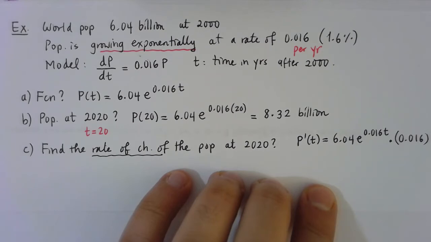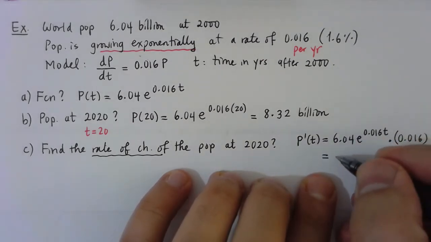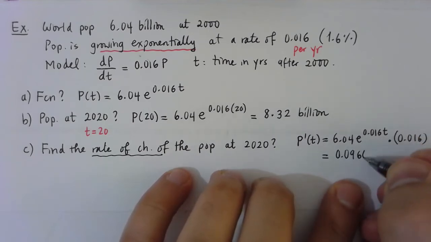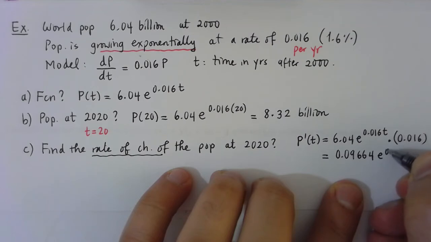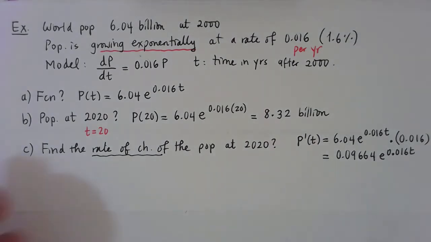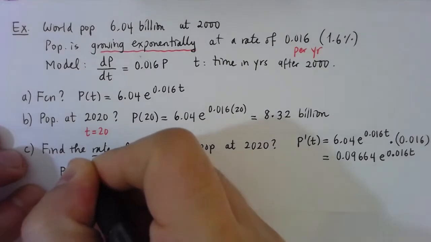Okay, and if you simplify, that's going to be 0.09664 e to the power 0.016 times t. So this is p prime. And at 2020, it's just 20, so we will look for p prime of 20.